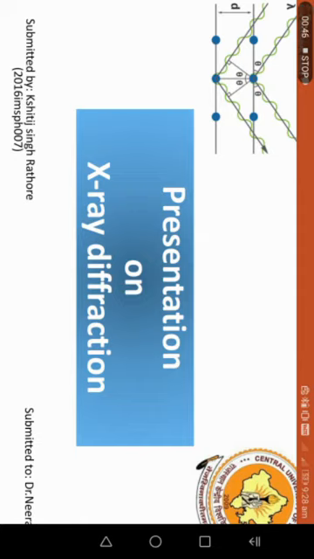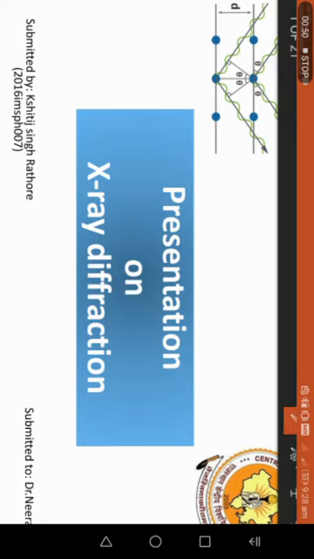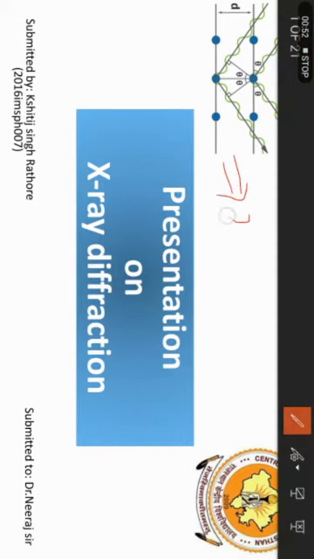This satisfies a condition, 2d sin theta equals n lambda, which we call Bragg's law. Whenever this condition is satisfied, diffraction takes place, which is the necessary condition we will be using in the future slides. So this is the requirement for diffraction to happen.